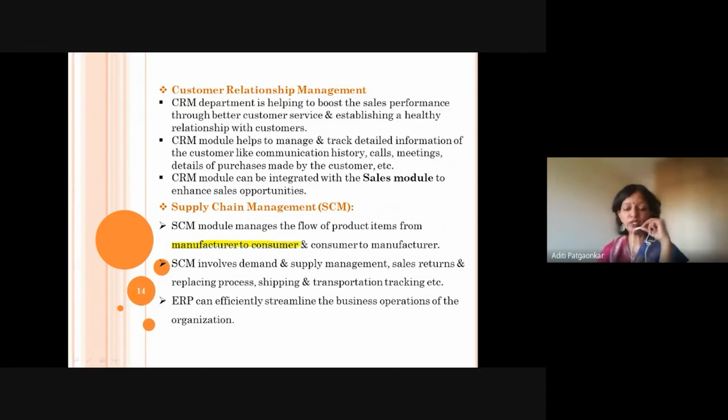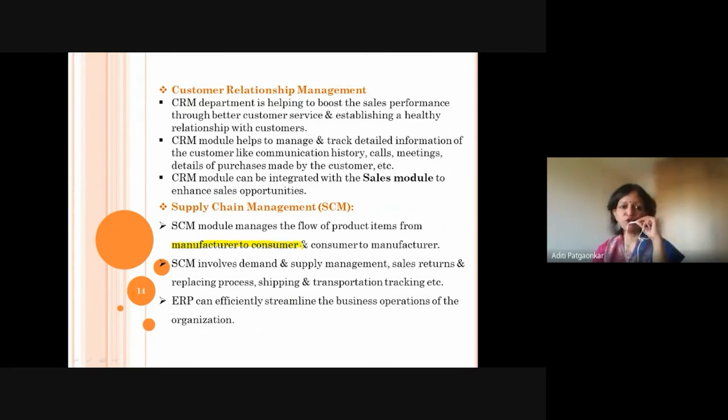There are so many intermediaries like wholesalers, retailers, sponsors, suppliers, distributors, and also tracking, shipping, sales return, supply management, and even the very important transportation. All these activities of production are handled by the supply chain management module of ERP.